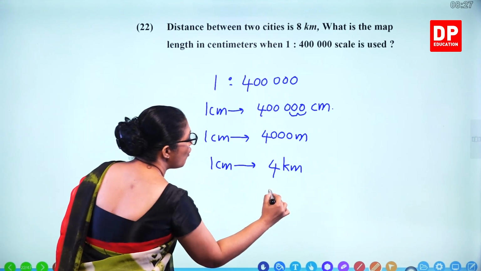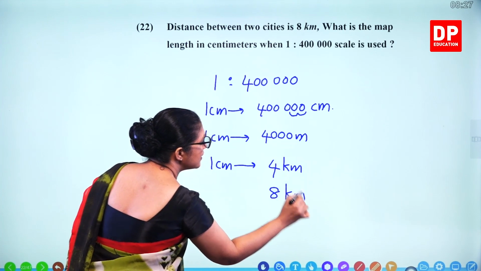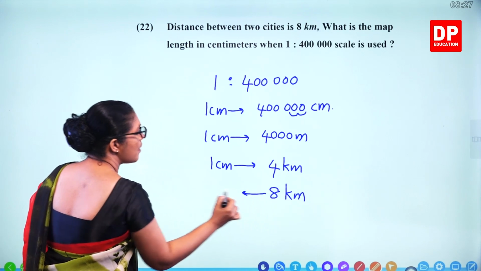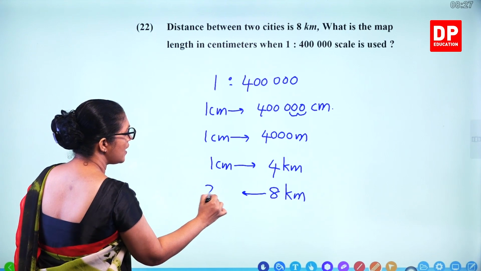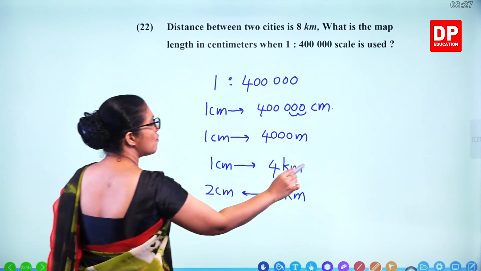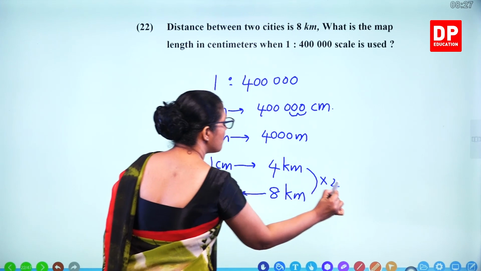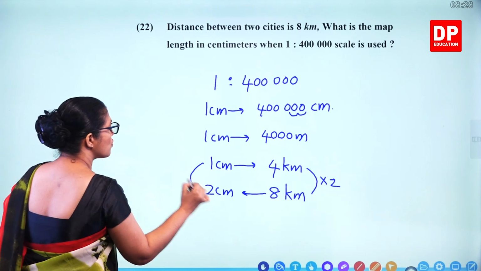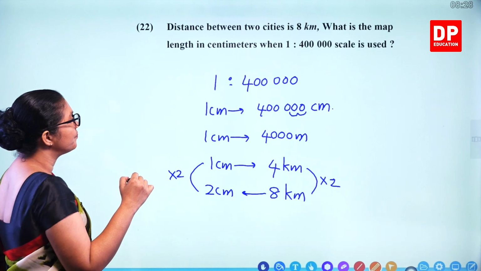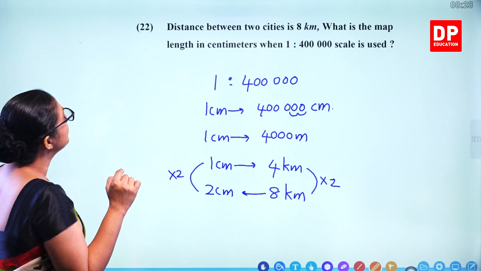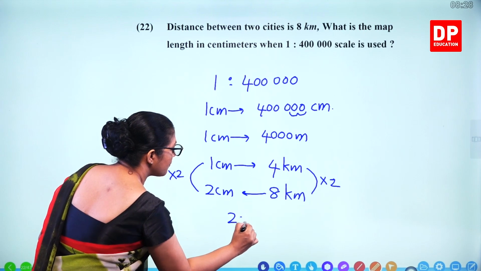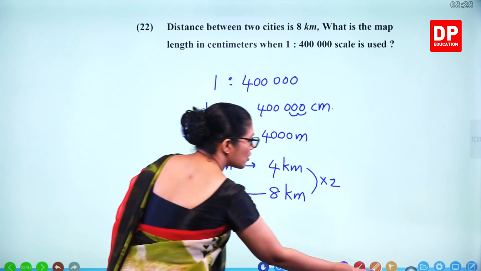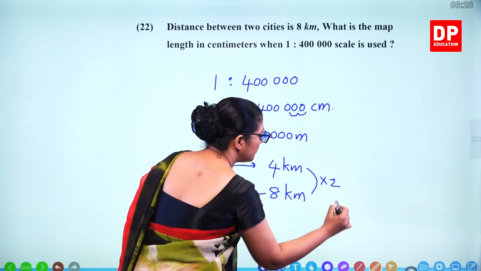But now we want 8 kilometers. That's multiplied by 2. So that's 2 centimeters. 4 times 2, that means this is also times by 2. So 2 centimeter length. 2 marks for that.